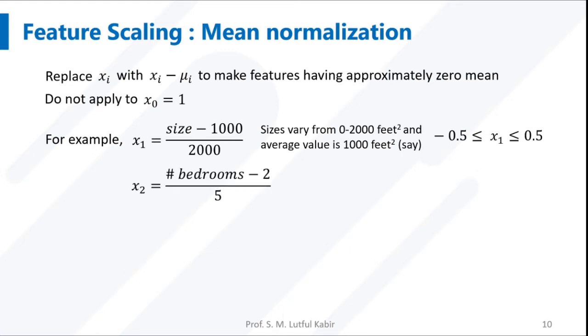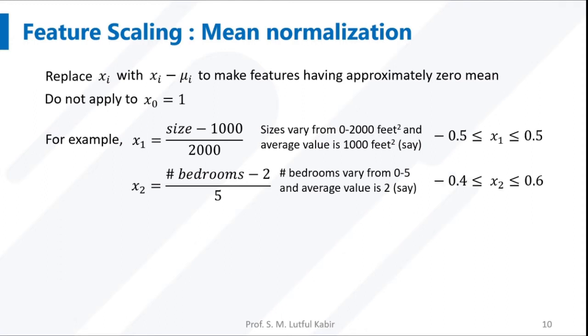Similarly, if you convert all the bedrooms data, you convert it into x2. So the x2 formula will be bedroom minus 2 divided by 5, where 2 is the average value of all the data. The data varies between 0 to 5 and the average value is 2. In that case, the range will be between -0.4 to +0.6.